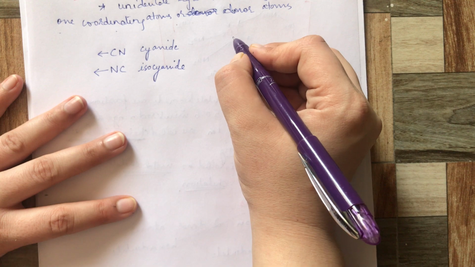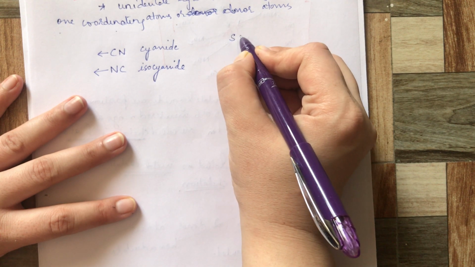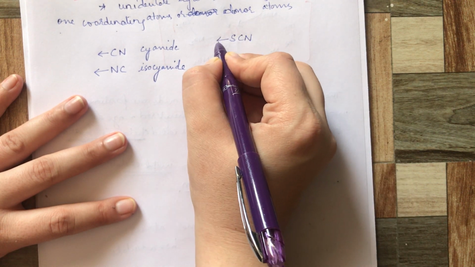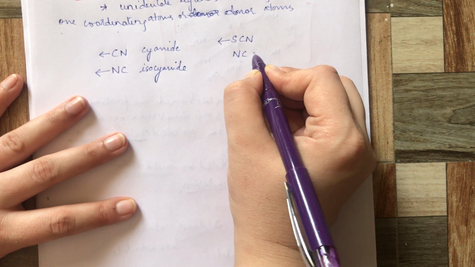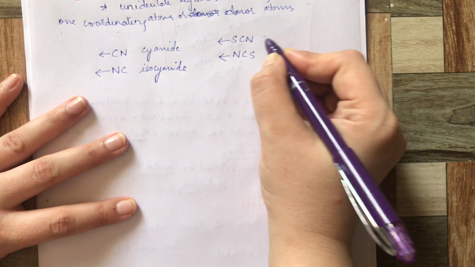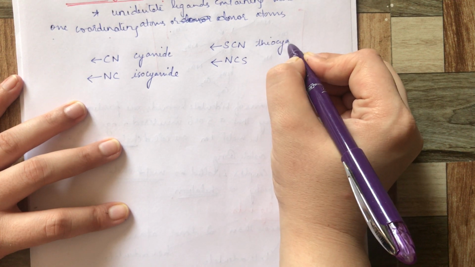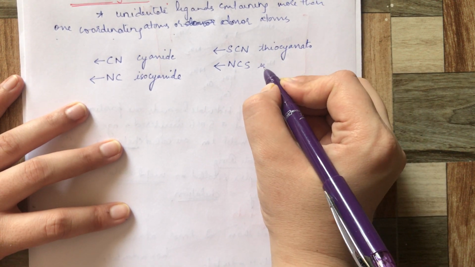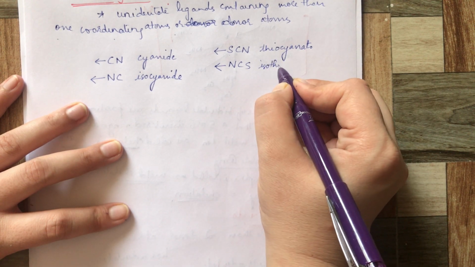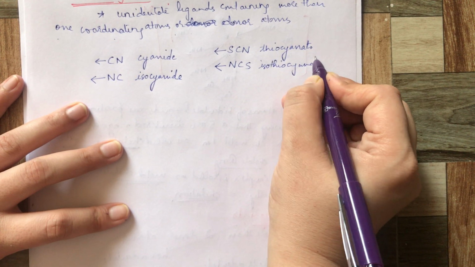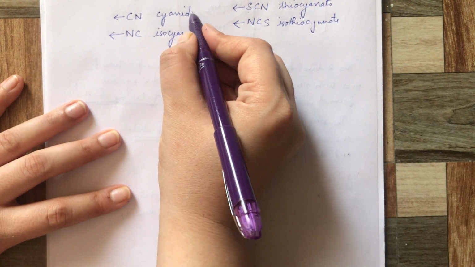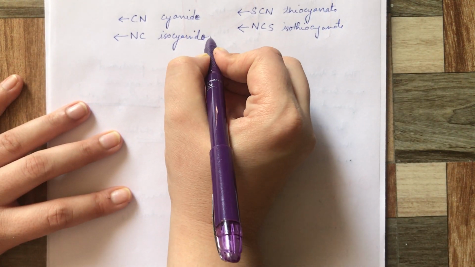If we have SCN, it can bind through S as well as N. If it binds through S, it is known as thiocyanato, and if it binds through N, it is known as isothiocyanato.